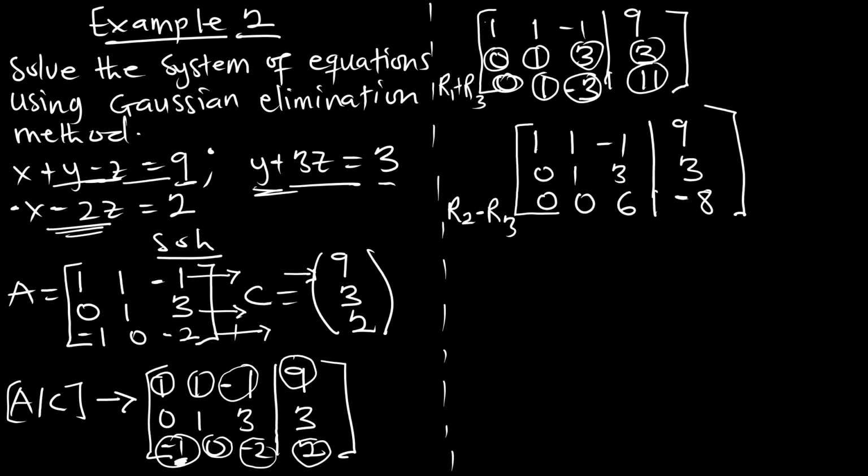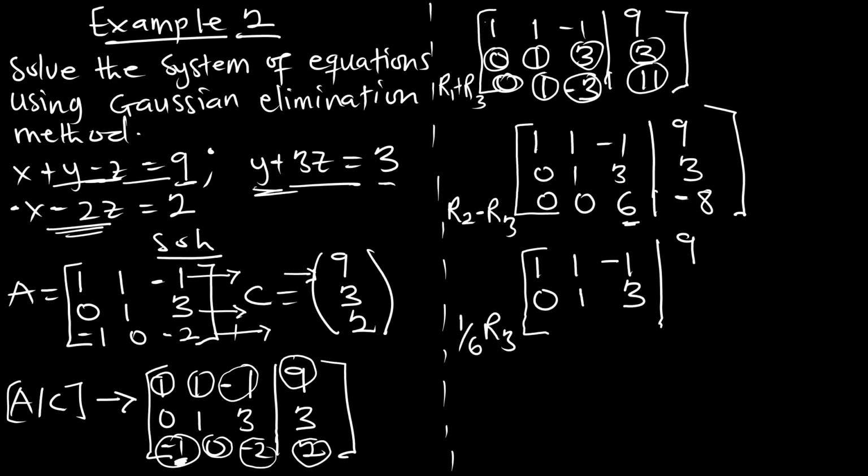What's left? I have to now make this 6 to be positive 1 so that the rule will be obeyed. What do I have to do? I have to multiply row 3 by 1 on 6. Row 1 is 1, 1, negative 1, 9. Row 2, 0, 1, 3, 3. So 1 over 6 by 0 is 0, by 0 is 0, and by 6 is 1.